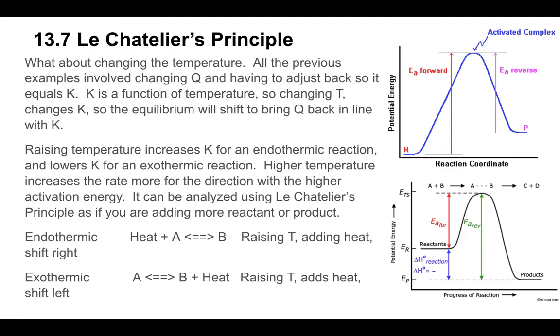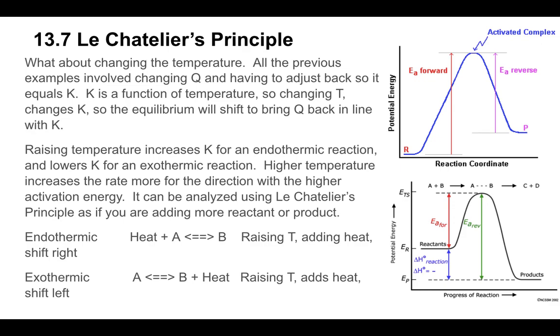Changing T changes K, so the equilibrium shifts in the direction that brings Q back in line with K. Now on the right side here, I've got two graphs. These graphs not only show the activation energy for the forward reaction, they also show the activation energy for the reverse reaction. It turns out raising temperature is going to speed up both reactions, just like adding a catalyst.